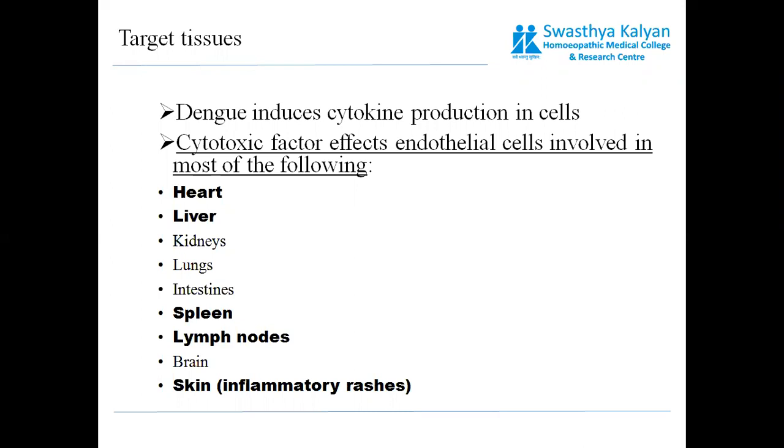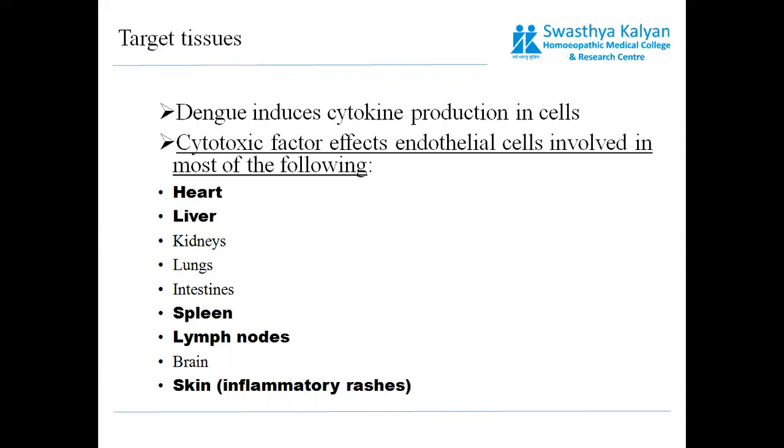Now the target tissue where this particular virus attacks in the human body. Dengue virus particularly induces cytokine production in any given cell. There are certain cytotoxic factors which affect endothelial cells in the following organs.